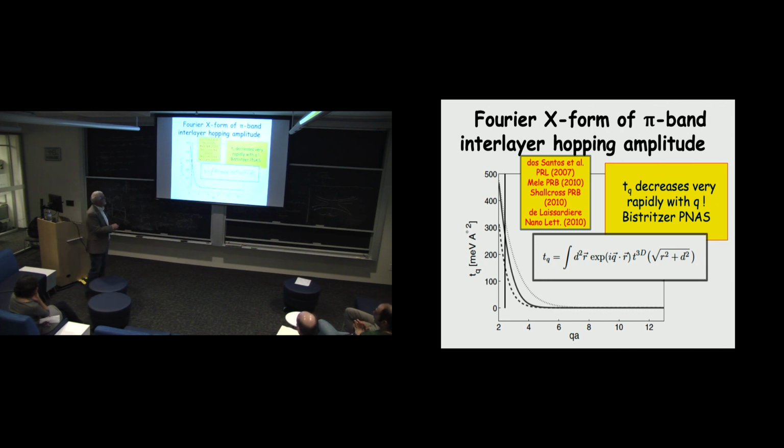And so it turns out that only one parameter, which is the Fourier transform of this hopping amplitude at the smallest possible wave vector, the first harmonic, which is at the corner of the Brillouin zone, at least we argued, only this parameter controls the electronic structure.